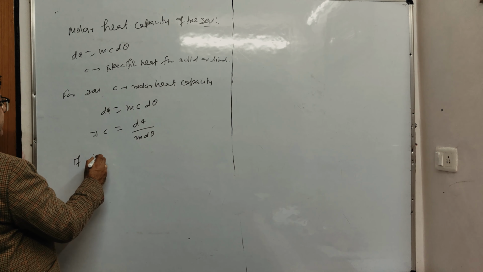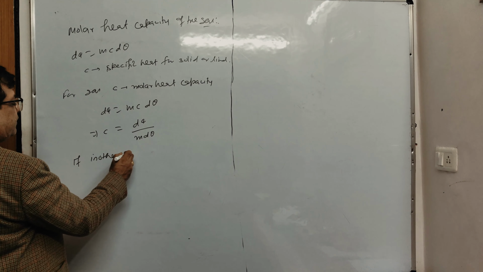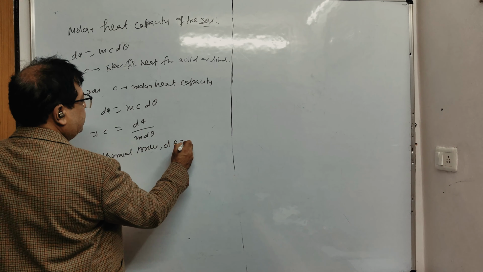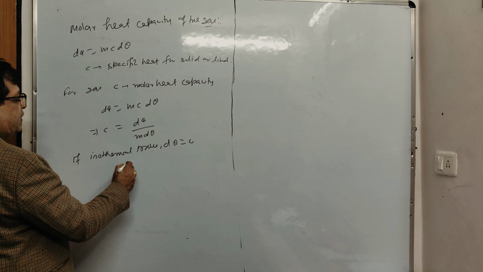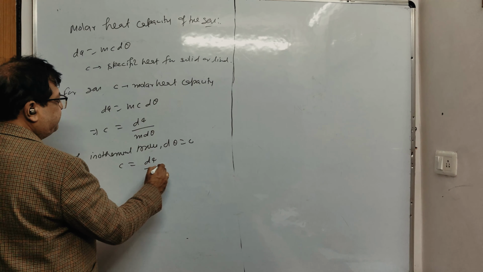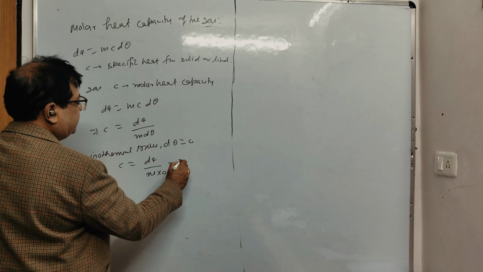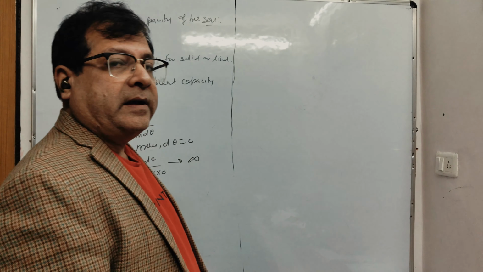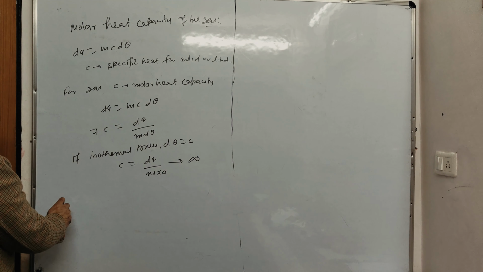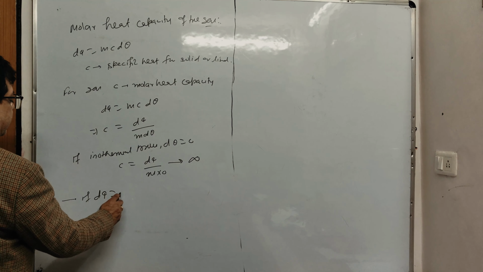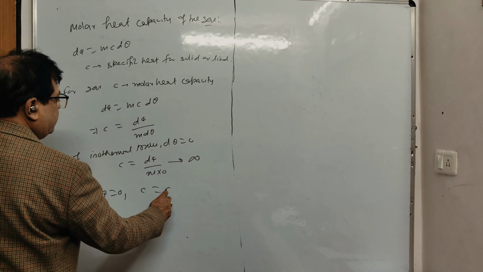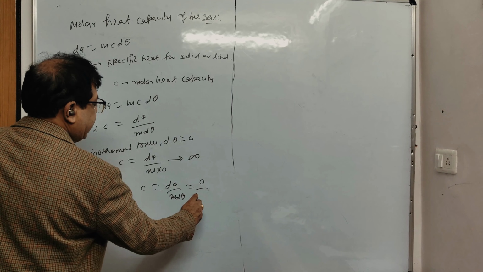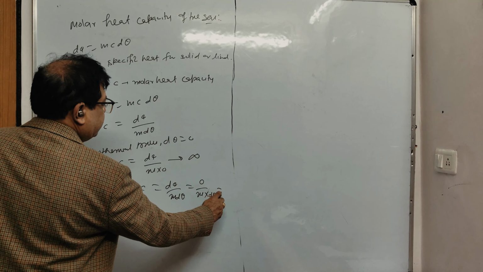So suppose it is an isothermal process, then d theta is equal to 0. So C is equal to dq by m into 0, which tends to infinity. And if you think of an adiabatic process, where dq is equal to 0, then C is equal to 0 by m d theta, so this is 0.